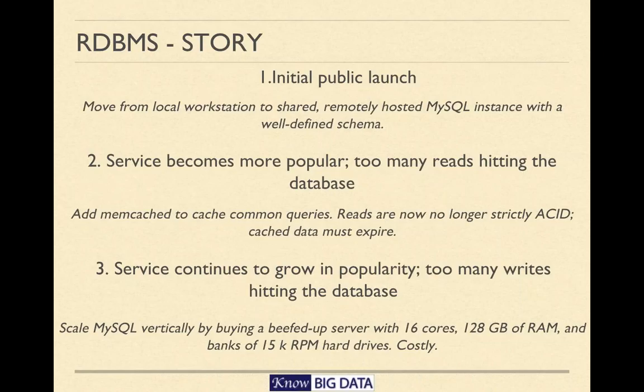Now there are 200 GB RAM servers available as well, and banks of 15,000 RPM hard drives, and so on. A usual hard drive is generally 5400 RPM, but on the server grade you have hard drives up to 15,000 RPM. So you put the costliest hardware in your database server because that's all you can do right now.